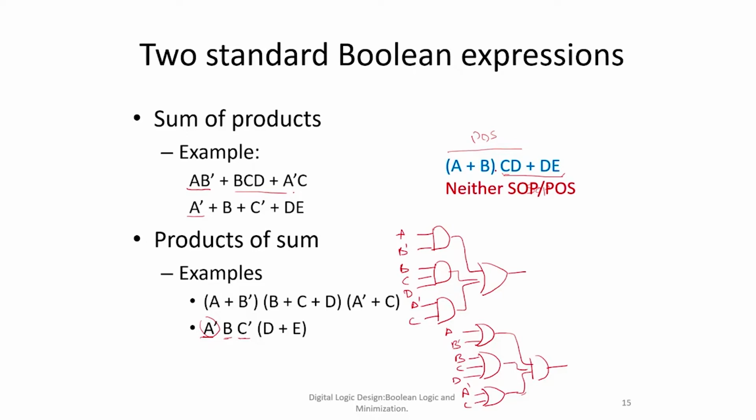So that's why if some expressions are not in the standard form, product of sum or sum of product, we need to create them. We need to do some extra processing and maybe use our Boolean algebra which we have learned to create standard forms.